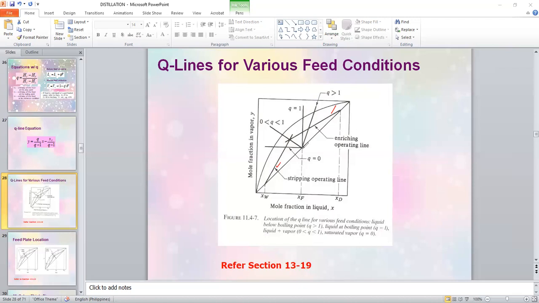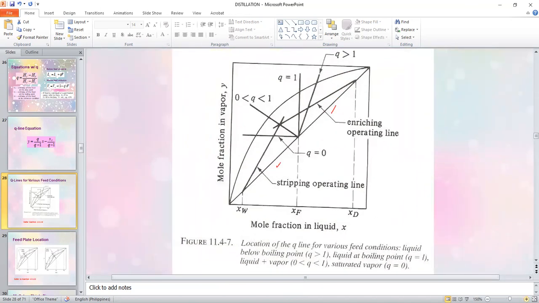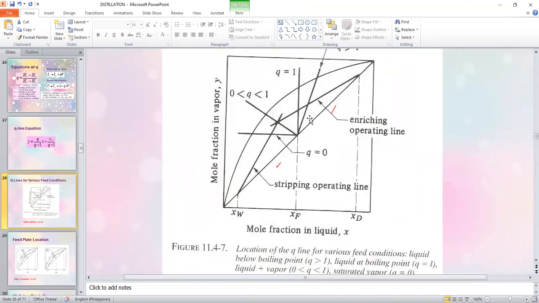So this is the orientation of your Q. Your Q, if you notice here, I will now have it enlarged, will be plotted starting with the XF value. The mole fraction of the more volatile component in the feed will be projected on the 45-degree line, and that's the starting point of your feed line or your Q line.